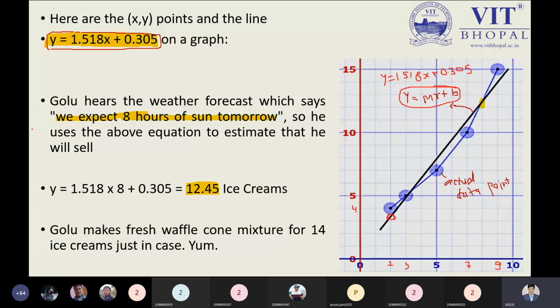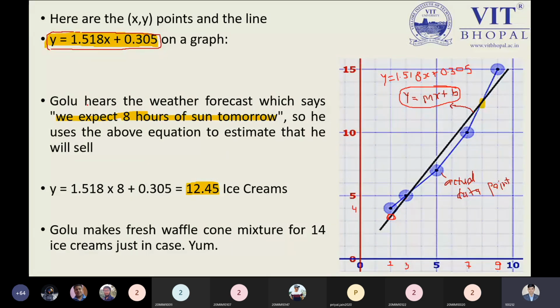So what was the problem? Golu is a person who decides on selling ice cream based on the number of hours of sunshine. Golu hears the weather forecast, which says that tomorrow there will be 8 hours of sunshine. So by putting x as 8, y = 1.518 multiplied by 8 plus 0.304.